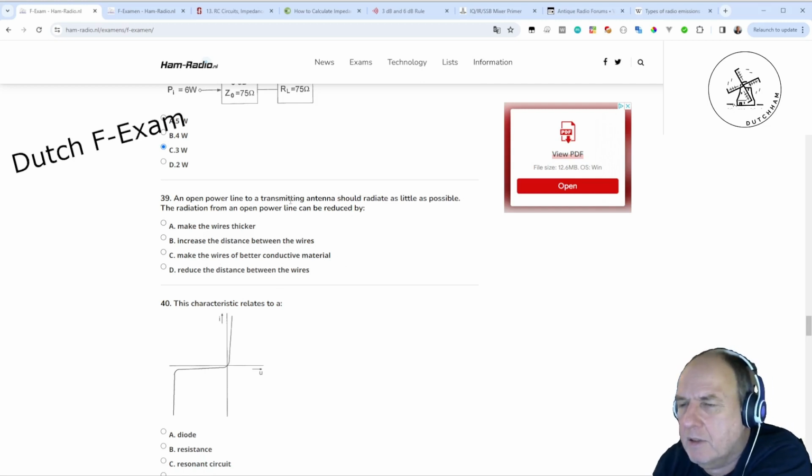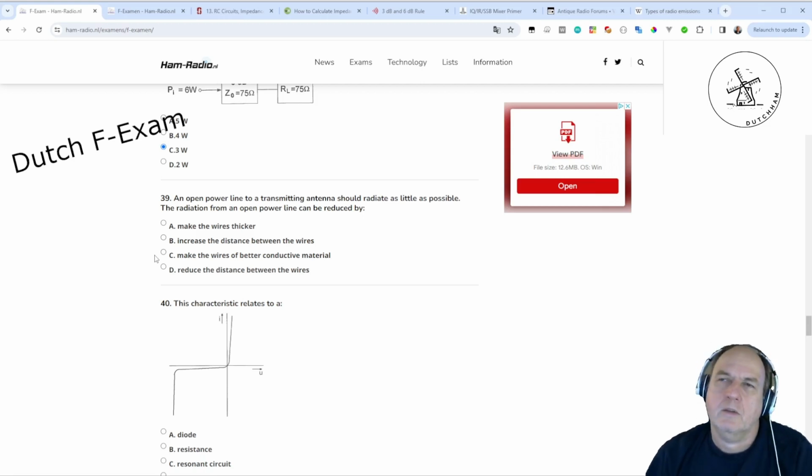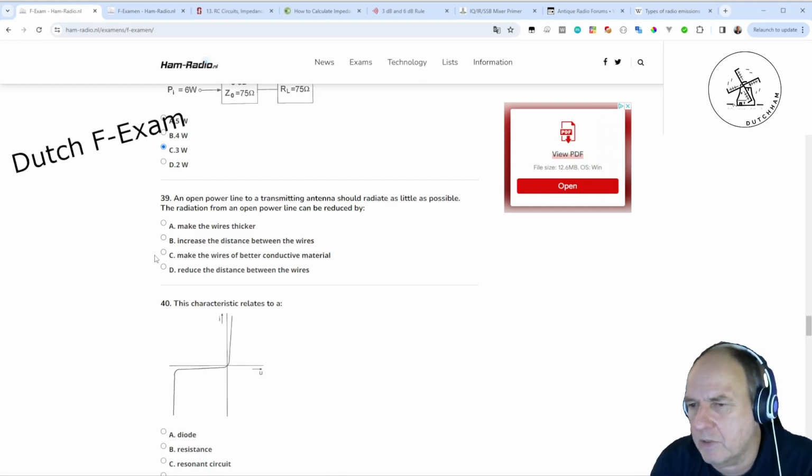So how can we... I think to make the distance smaller, because I think when you make it bigger, I guess in a normal situation they have a counter effect on each other, so it doesn't radiate.